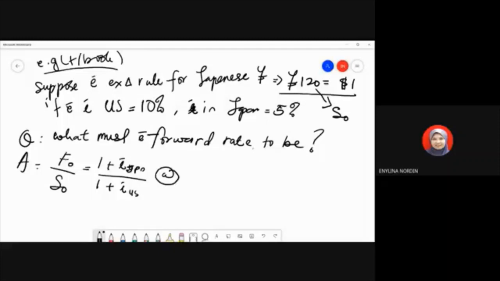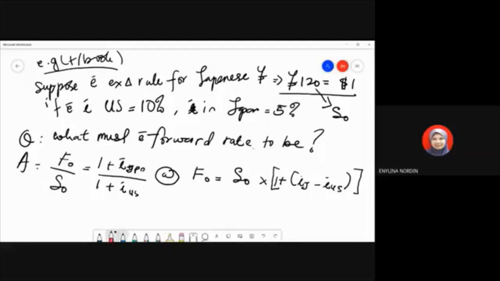Or, if we simplify, F0 can be calculated by rearranging this formula. It becomes S0 multiplied by 1 plus the interest rate in Japan minus the interest rate in the US. It's the same.